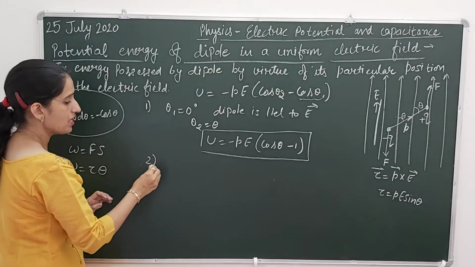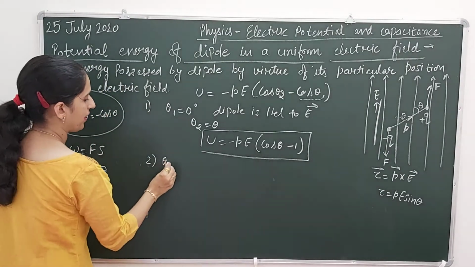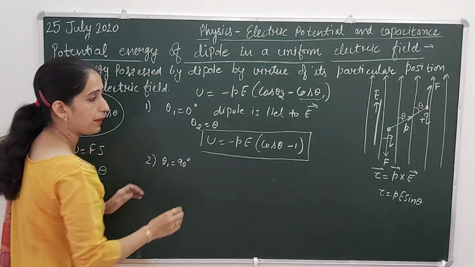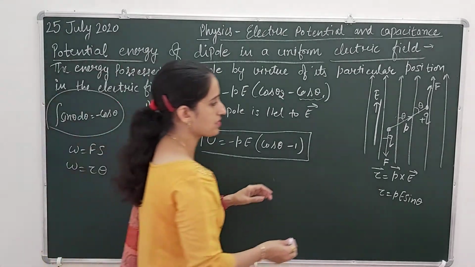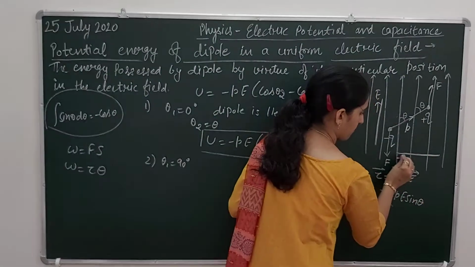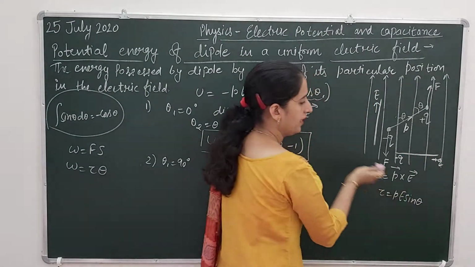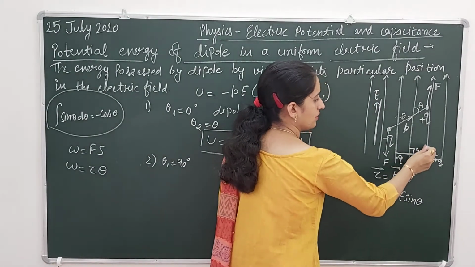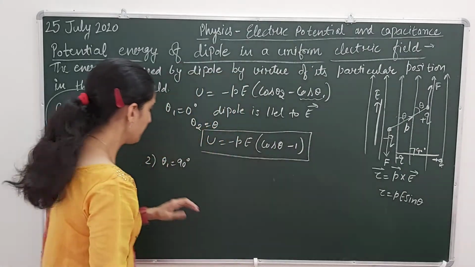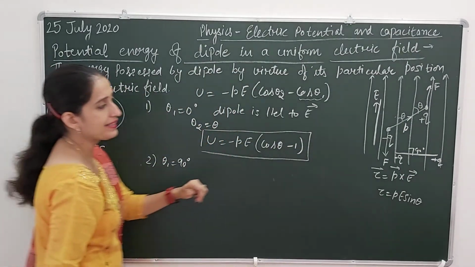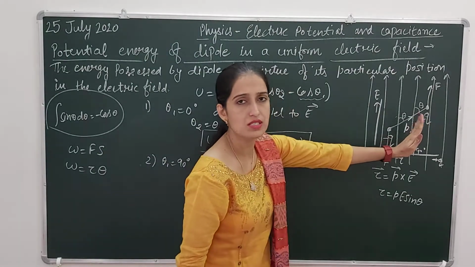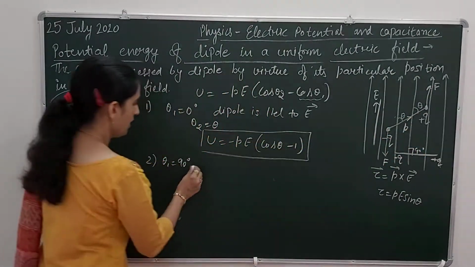The second condition is suppose initially the dipole is present perpendicular to the electric field, like this, minus Q, plus Q, perpendicular to the direction of the electric field. So theta 1 is 90 degrees and then we want to rotate it through another angle, theta.